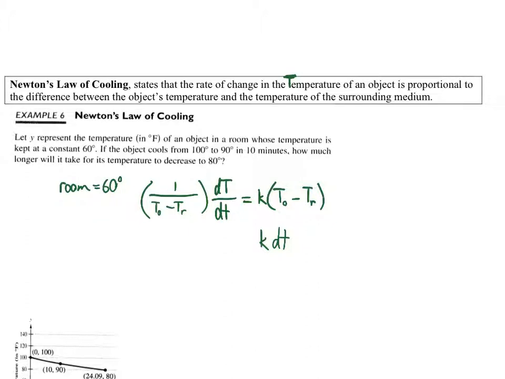So actually I should have put this down here. So k dt equals 1 over T sub O minus T sub R dT. Now, one thing here is that the room is staying a constant 60 degrees. So T sub R is a constant. Before I go any further, I'm going to plug that in.